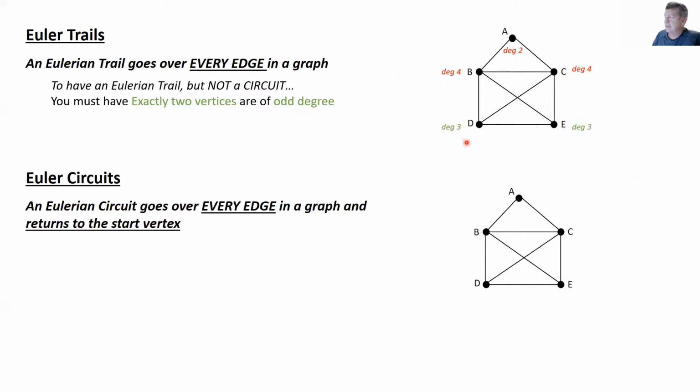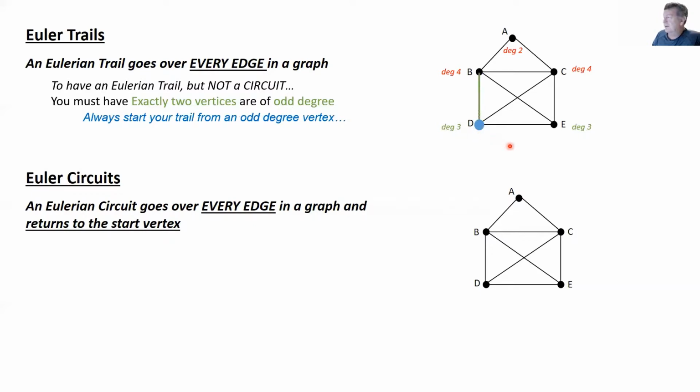Beautiful. That meets that criteria. All right, remember what we said? Start at an odd degree vertex. I'm going to start at D. I'm getting ahead of myself again. Let's start at D.